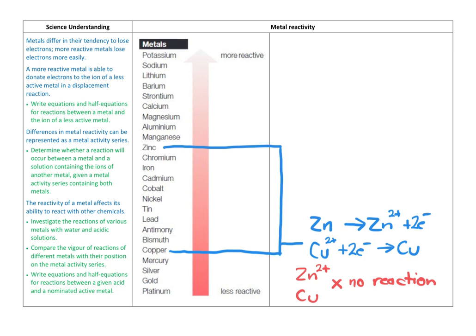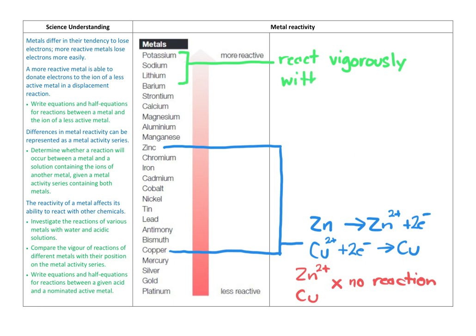So in the final one, we need to think about the reactivity of the metals in both water and acid. So generally speaking, these metals here, potassium, sodium, lithium in particular, will all react vigorously with water.